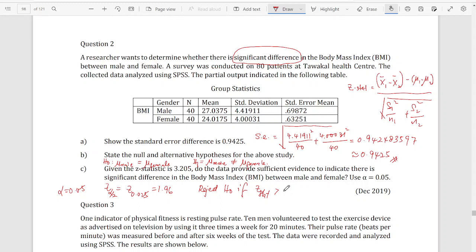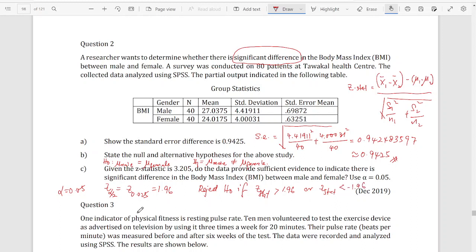So this case is either if Z stat is greater than 1.96 or Z stat is less than negative 1.96.